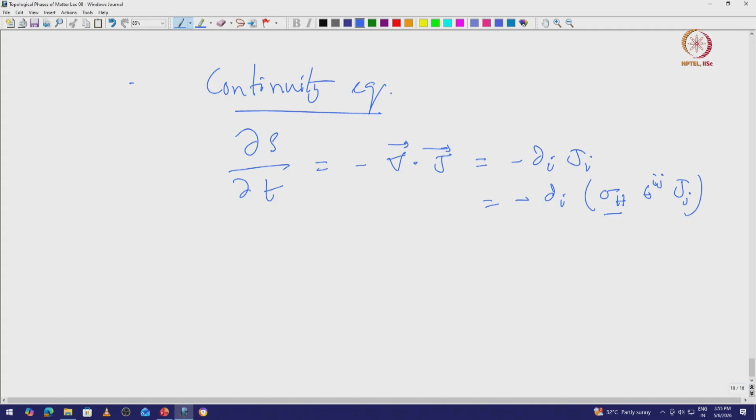So the Hall conductivity does not depend on the i or j coordinate, and electric field.